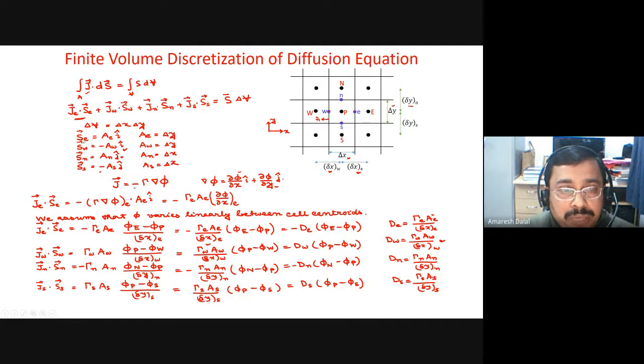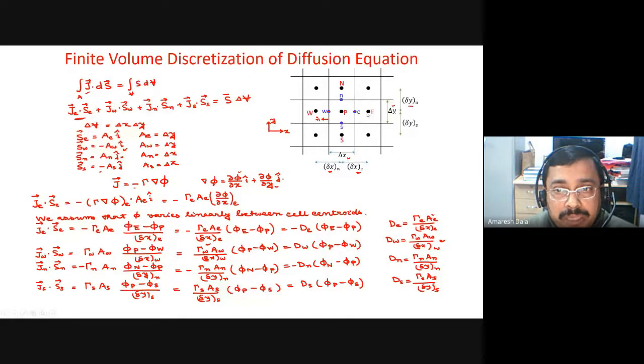Obviously for the east face, the surface vector we can write as AE i, where i is the unit normal in the x direction, and AE is equivalent to delta y. So AE and AW are delta y, and AN and AS are delta x. Now we always consider the outward normal from the face.